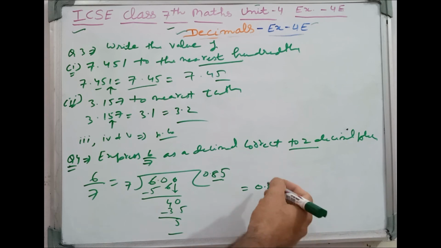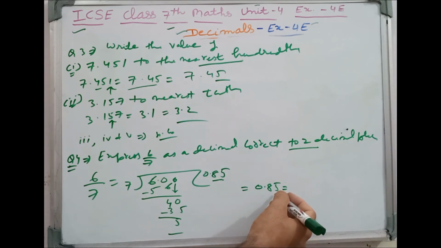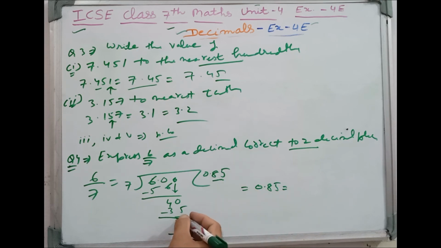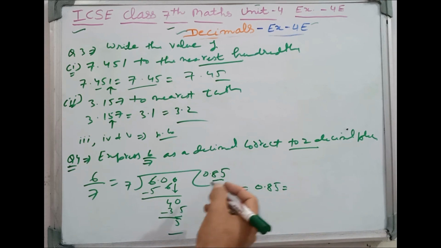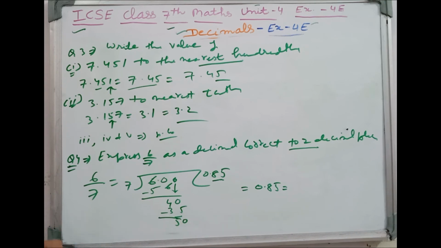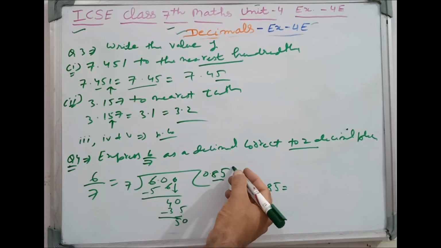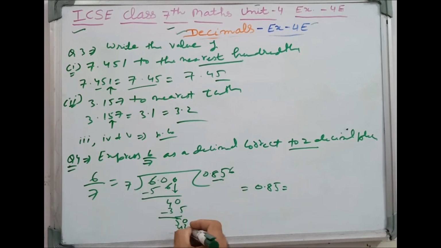Now see, these are 2 decimal places, one more. 7 6s are 42, minus 8.